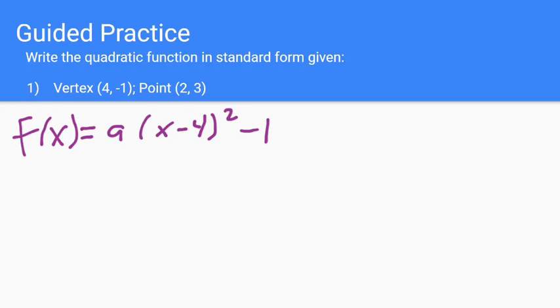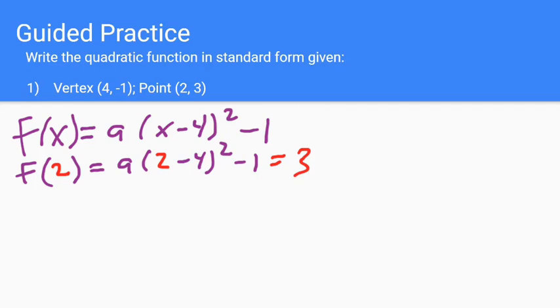Alright, now we have to find a, so we're going to find a by plugging in a point. So, I'm going to write it like this to show you what I mean. Our point is going to be x is 2, so when x is 2, f of x, y, equals 3. So now we have to solve this out here. So we're going to get a times (-2) squared minus 1 equals 3.